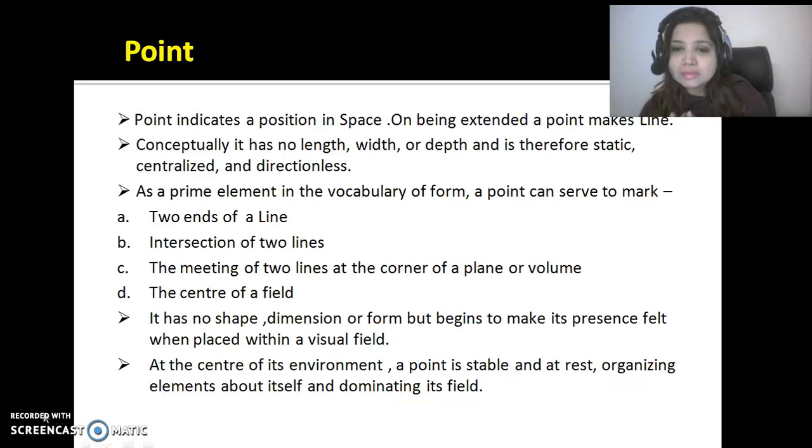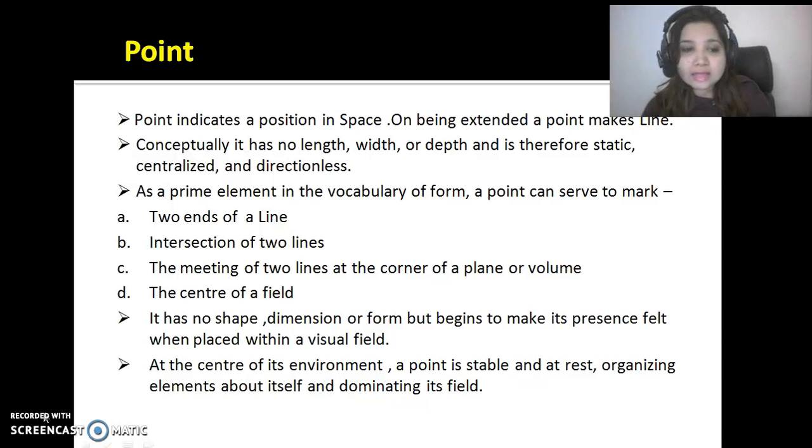But it still makes its presence felt, and that truly depends upon the position where it is placed in the visual field. At the center of its environment, a point is stable, it is at rest, and it is an organizing element about itself, and it dominates its field depending upon the size.